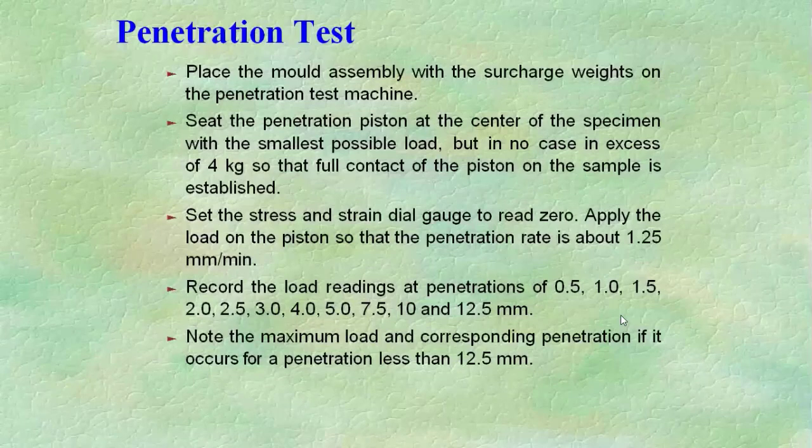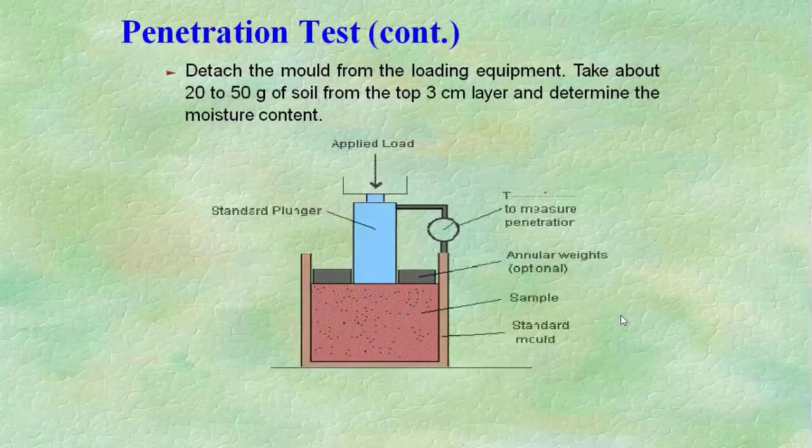The maximum load and the corresponding penetration values are recorded if the plunger penetrates less than 12.5 mm. Then dismantle the mold from the loading equipment, take out 20 to 50 grams of soil from the top 3 layers and determine the moisture content.